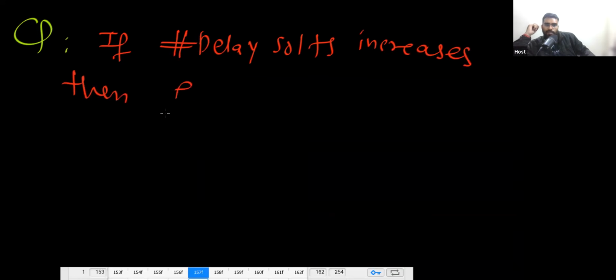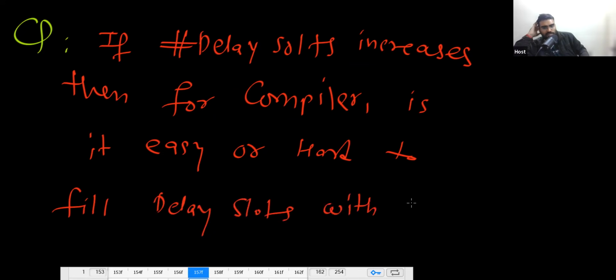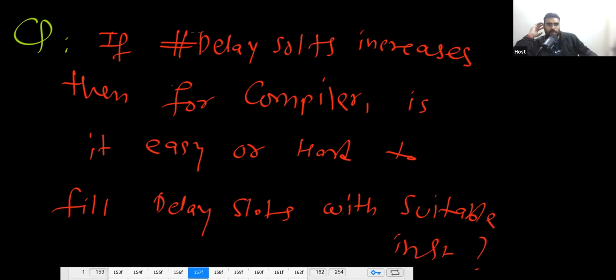If the number of delay slots increases, is it easy or hard for the compiler to fill the delay slots with suitable instructions?